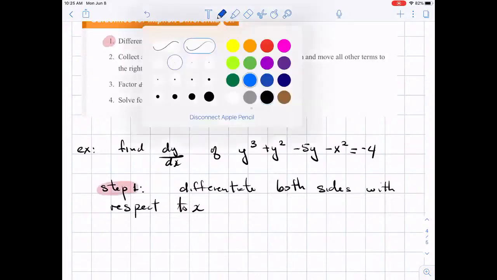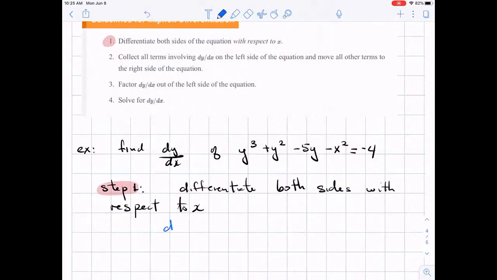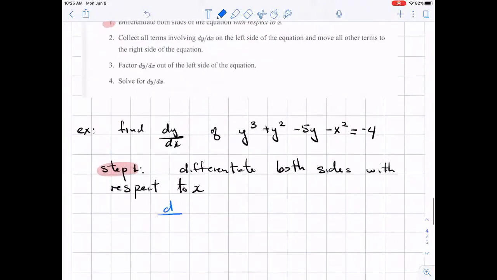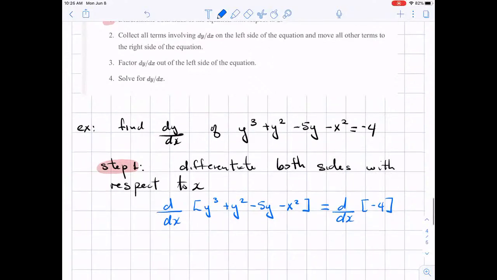What does that really mean? It means what is d/dx of y cubed plus y squared minus 5y minus x squared. We're going to differentiate that. And we're going to also differentiate d/dx of the minus 4. So we're differentiating both sides, okay?